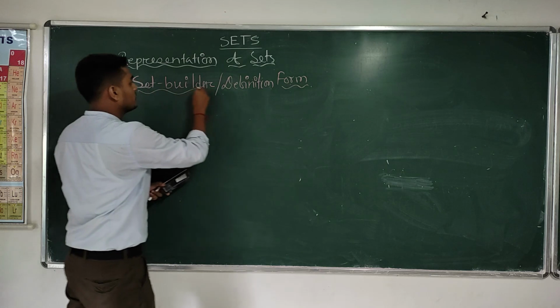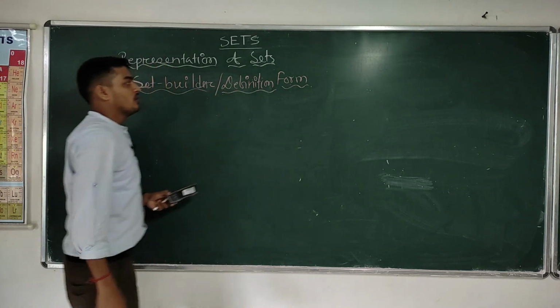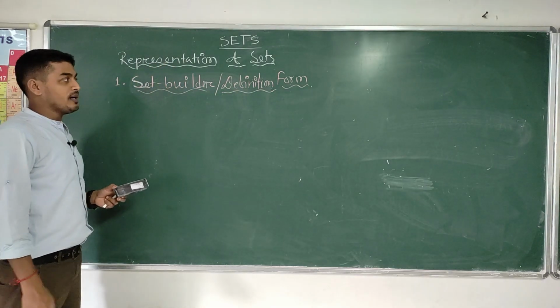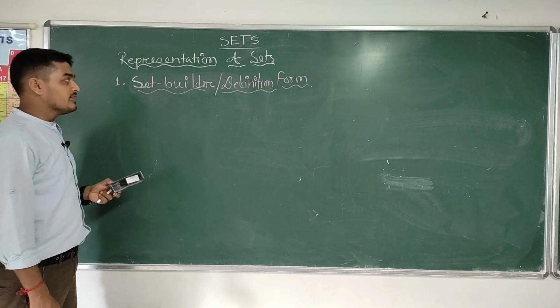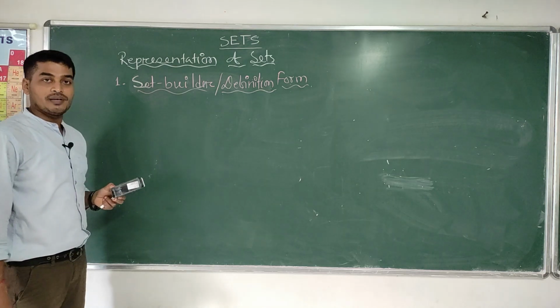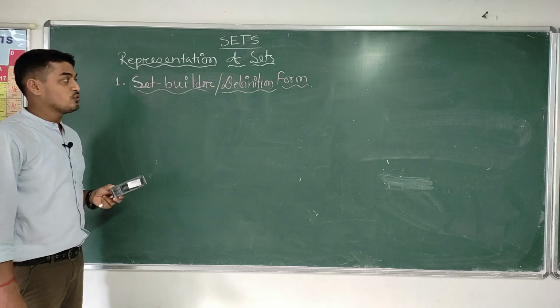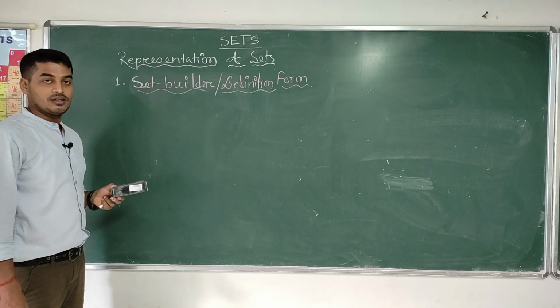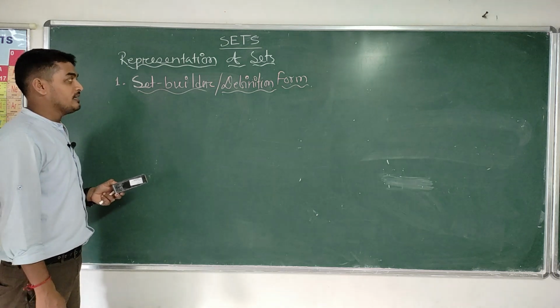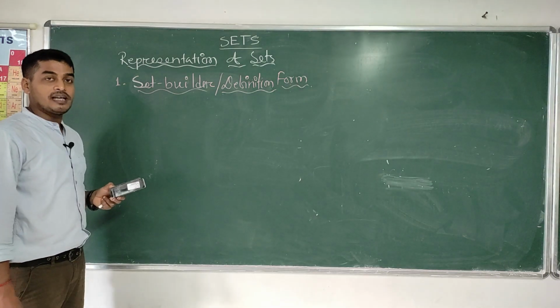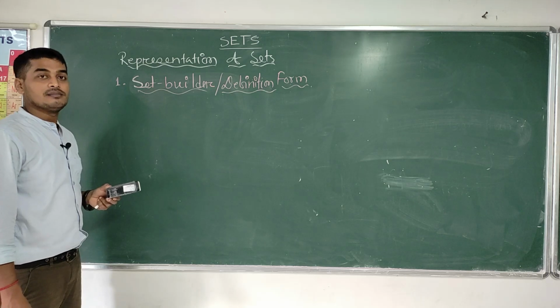In this form, what you have to do: in general the question will be given in the form of tabular method, or maybe in the form of a sentence. You have to write down the collection in such a way that all the elements should be represented by a variable.